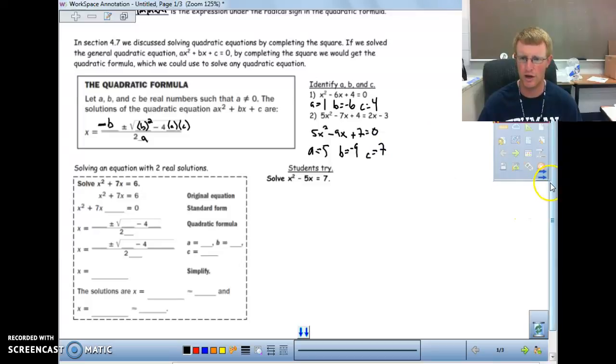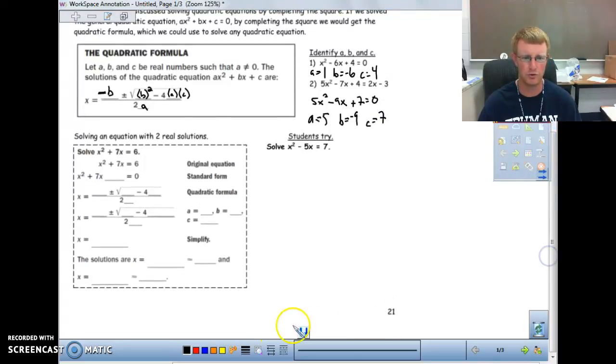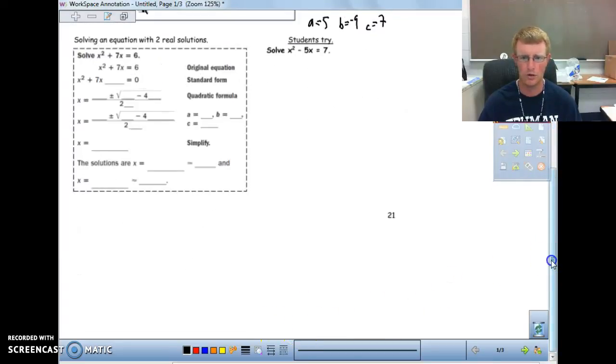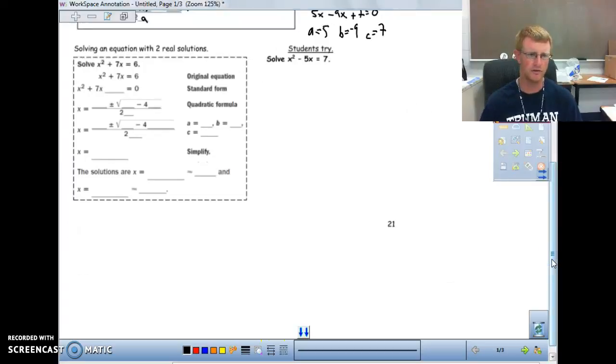So let's go into a quick example here, and then I'm going to have you try one on your own. This is a step-by-step process. The first thing, before we solve anything, is we need to get everything on one side and make it 0. So we subtract 6 from both sides, so we end up with minus 6 here at the end.